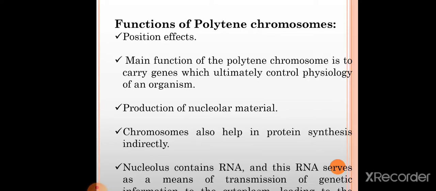Heterochromatic regions contain fewer genes than the euchromatic parts, and the production of nuclear material is entirely done by heterochromatin. And lastly, the chromosomes help in protein synthesis indirectly, and the nucleolus contains RNA, and this RNA serves as a means of transmission of genetic information to the cytoplasm, leading to the formation of specific proteins. So this is how these Polytene chromosomes function.